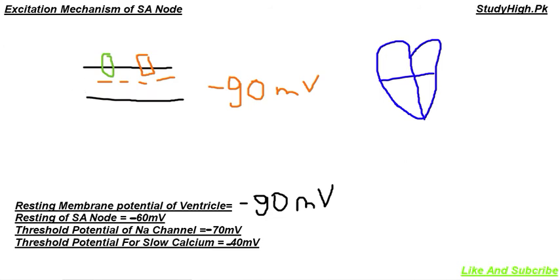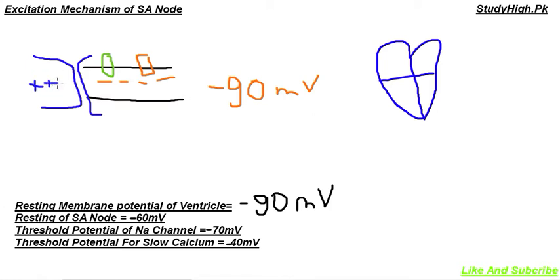These are some important values that you must remember if you want to understand the different concepts related to generation and transmission of action potentials. I have also explained in detail how an action potential is generated and transferred from one cell to another, and the role of intercalated discs in this transmission.